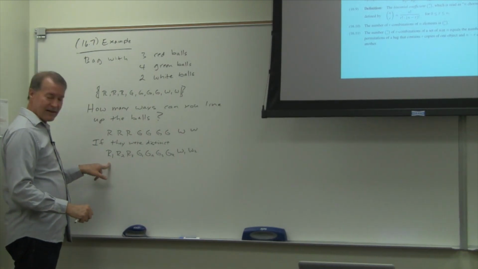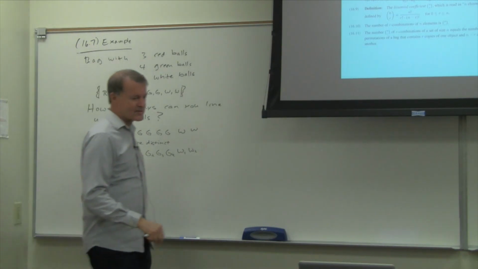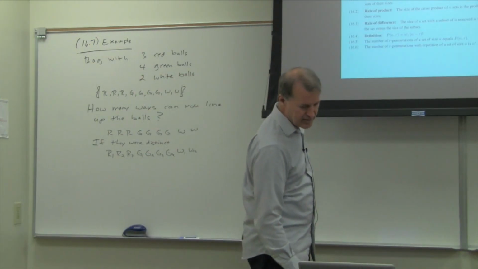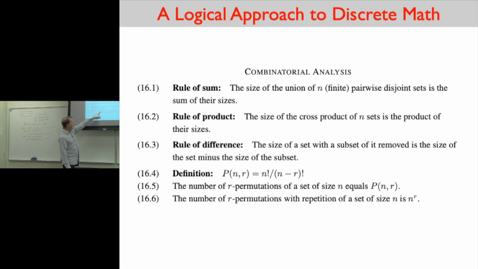This is a special example of n where n minus r, where n and r are the same. Let's look at 16.4. Here n and r would both be 9: 1, 2, 3, 4, 5, 6, 7, 8, 9.